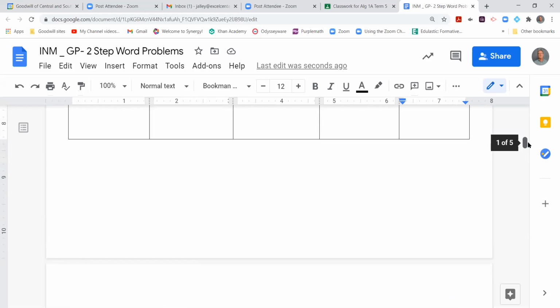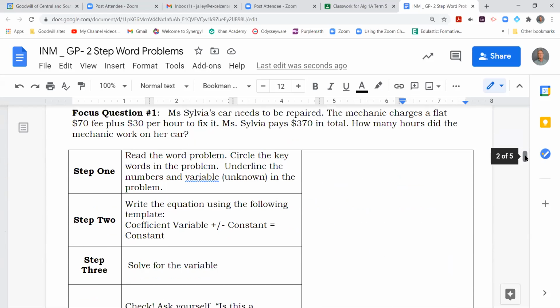So for us, we're going to have a specific format. I've highlighted in blue there. We're going to have a coefficient, variable, and plus or minus a constant. And then we're going to have a total.